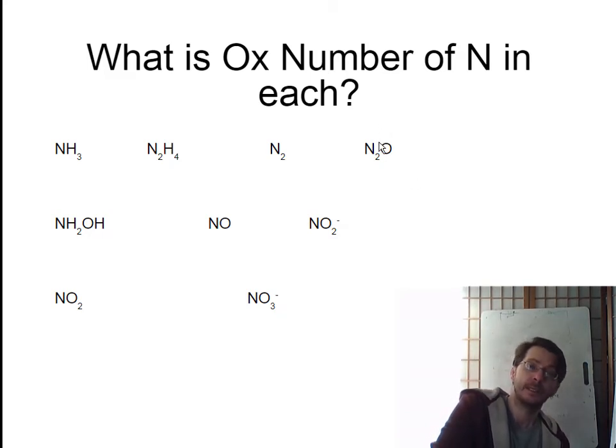Now let's try the other side of it. Here's N2O. Again, mostly you can accept that oxygen is going to be -2. So that means that each of these nitrogens is going to be +1 oxidation number. Now here's one that's a little hard, but I'll let you chew on it.